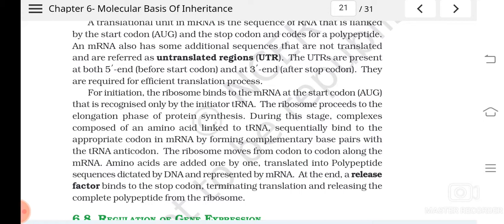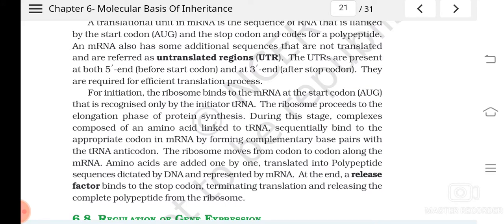So in this way, the polypeptide chain's length will increase. The ribosome moves from codon to codon along the mRNA, and amino acids are added one by one. So this will help in the formation of the polypeptide chain.